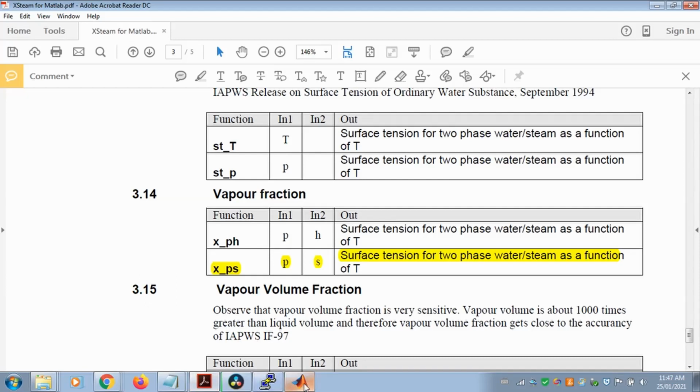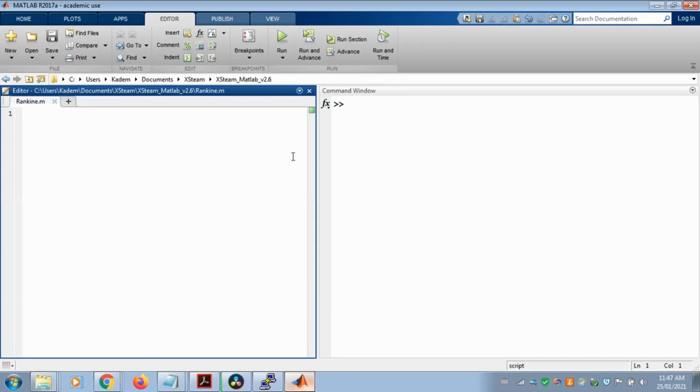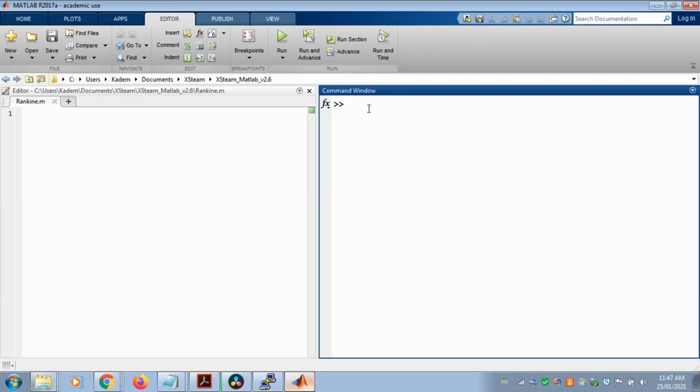The next step is to go to MATLAB. For example, if we want to know the enthalpy at state 3, H3, and we know in our problem that the pressure was 2 megapascal and the temperature was 400 degrees C, let's call Xtheme. What are we looking for?